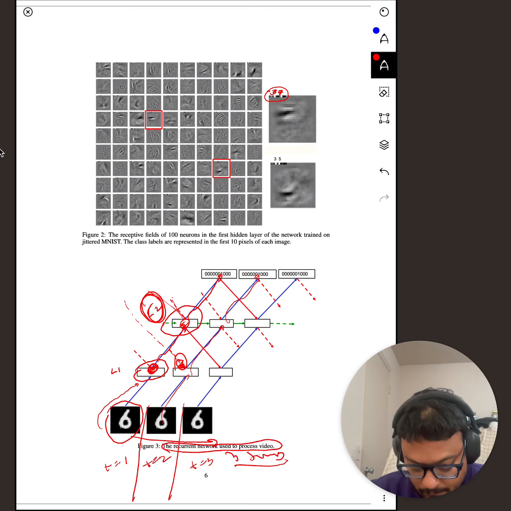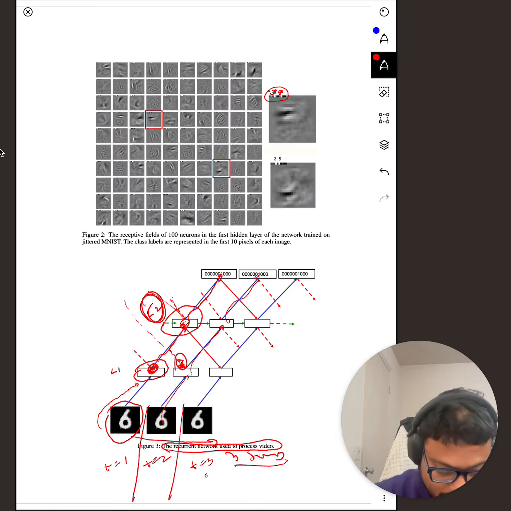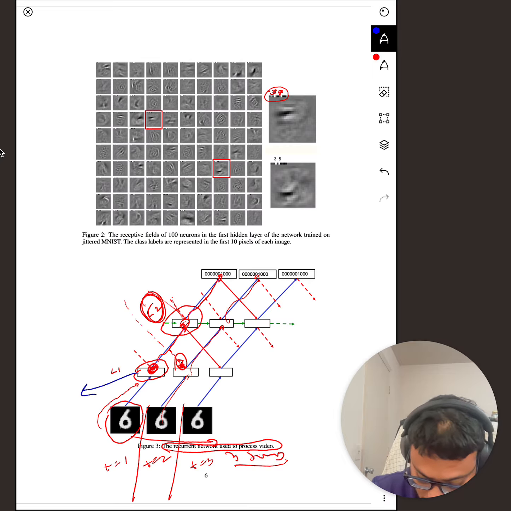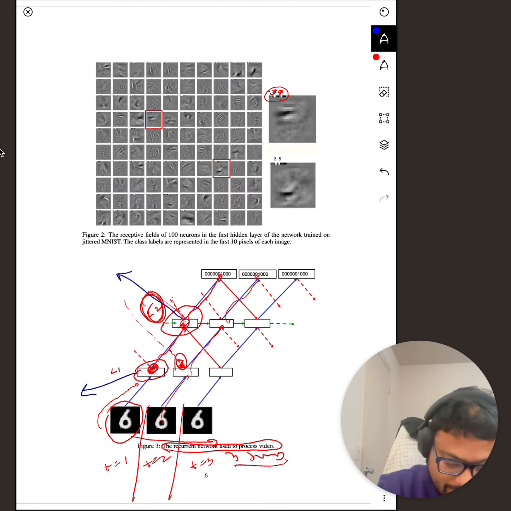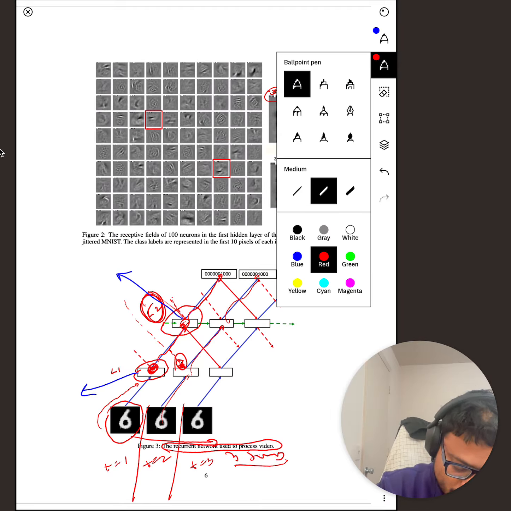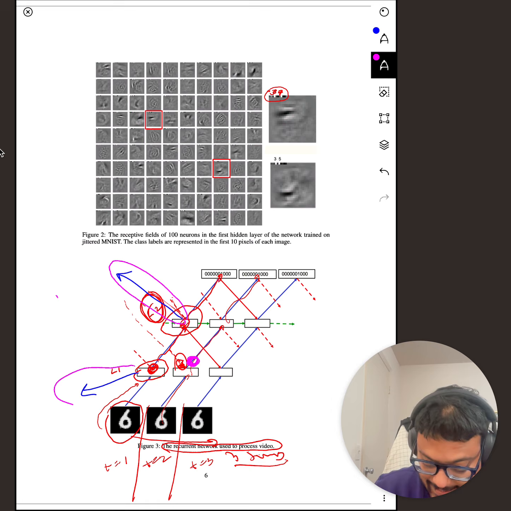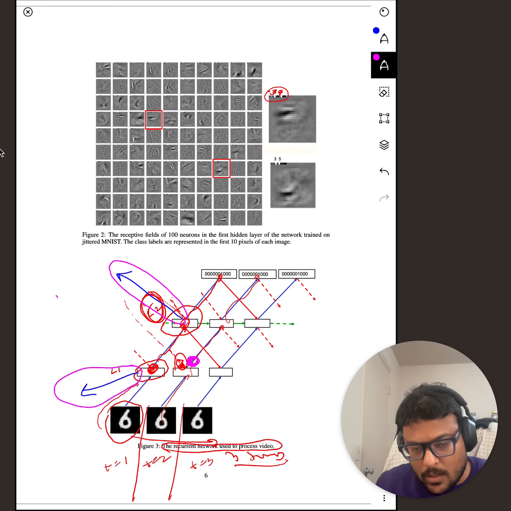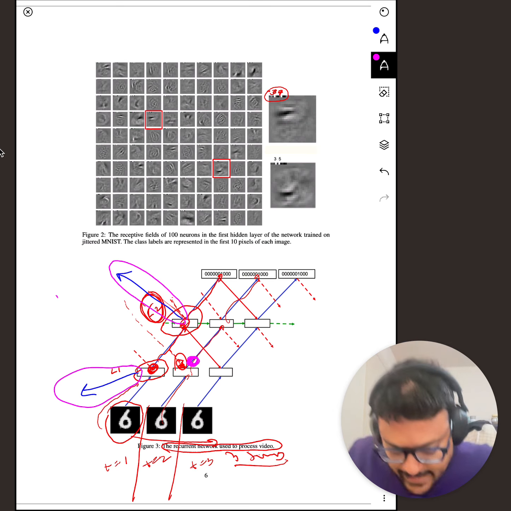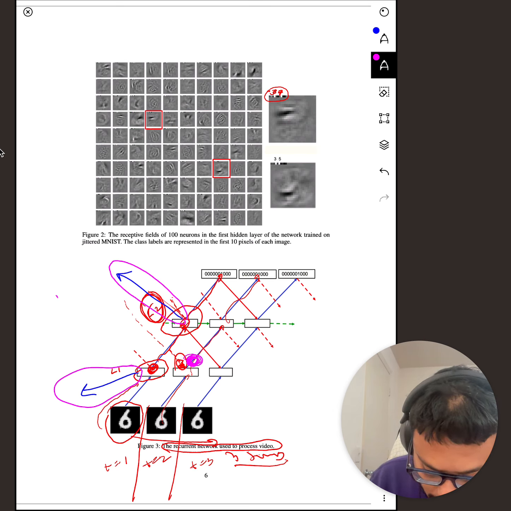For t equal to 1, you stored the activations at this location and this location. Then at t equal to 2, when you are updating these particular weights, you are using the information from this higher-level representation at a previous time step in order to update this particular neuron.